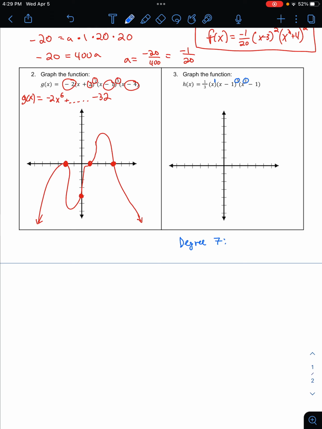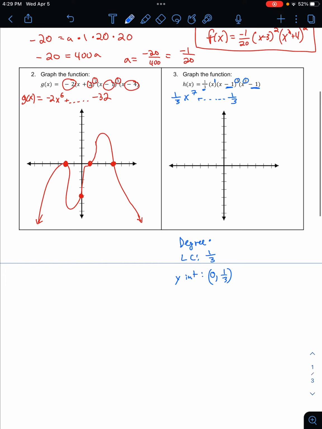My first term is going to end up being 1/3 x to the 7th when it's all multiplied out. Don't know what comes after. My constant term is going to be -1 cubed times -1 times 1/3, which is going to be 1/3. So my y-intercept is going to be at 0, 1/3. Leading coefficient is 1/3. Degree is 7.